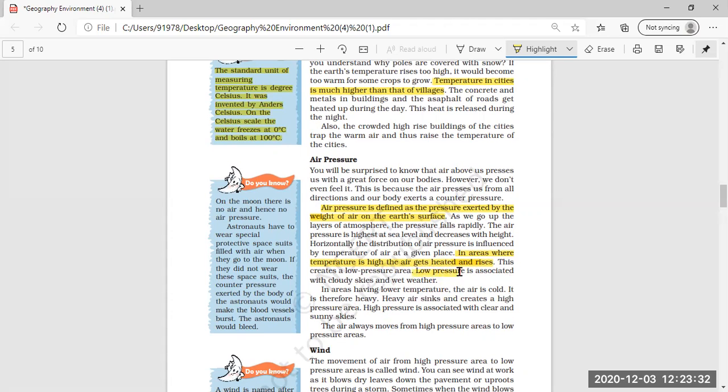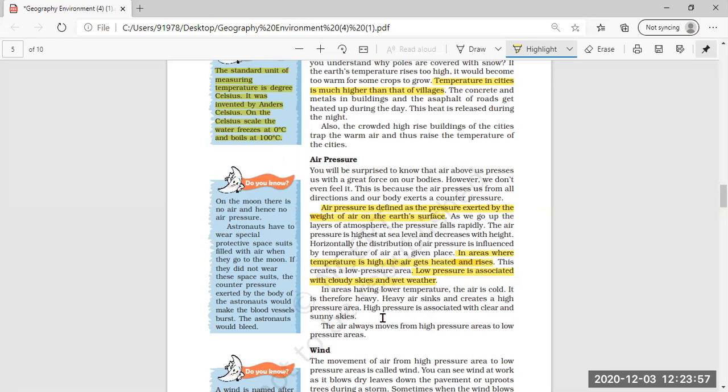You can underline this. Whenever the air pressure is low, there will be cloudy skies and the weather will be a little wet.